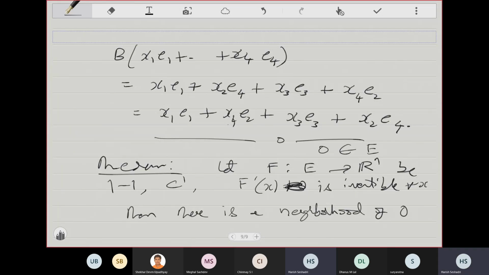Now, that will create a bit of a problem in the change of variable formula, because after all, the integration is being done on the full set E, actually the whole of Rn. So in order to deal with this issue that only in a neighborhood we can write like this, we'll have to introduce another technical notion, which is very important actually.